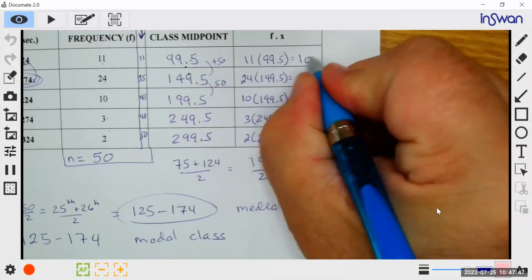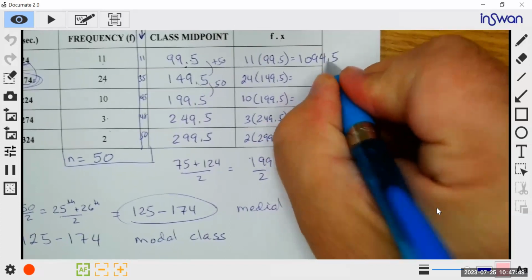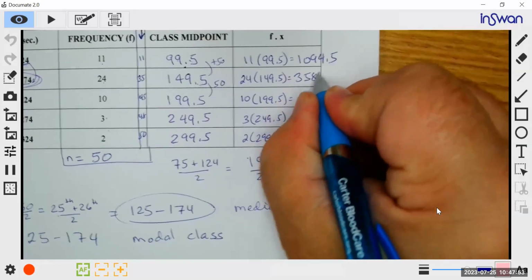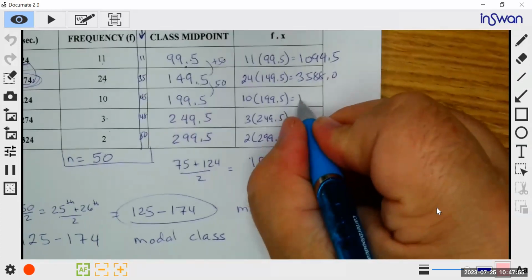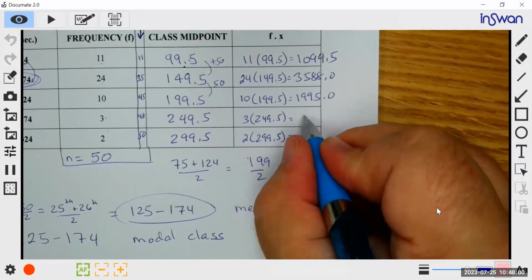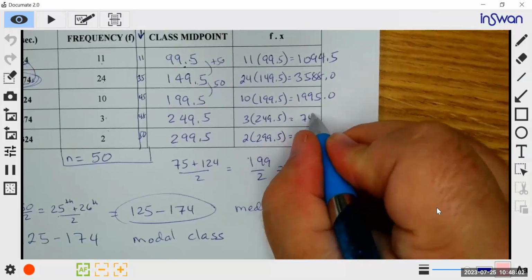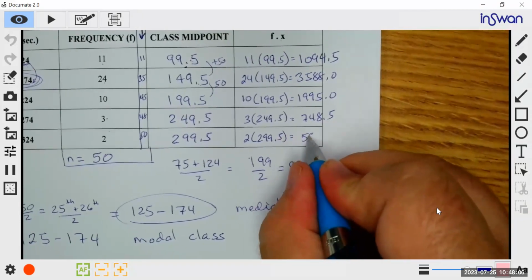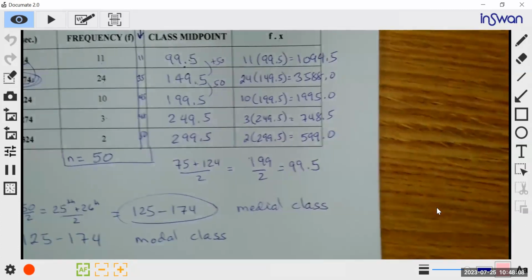So this is 1094.5, 3588.0, 1995.0, 748.5, 599.0.